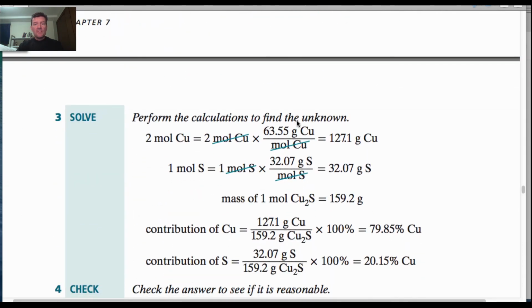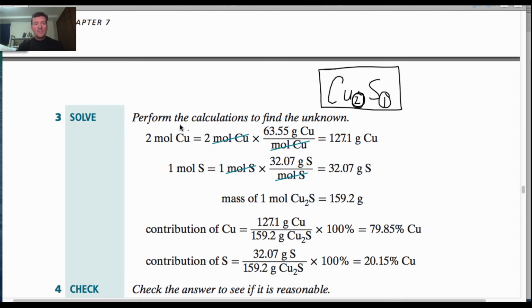So the first thing we have to do is find the total mass, which we did previously. In our compound, it is copper Cu2 sulfide. There are 2 coppers for every 1 sulfur. So in 1 mole of this compound, there are going to be 2 moles of copper for every 1 mole of sulfur.